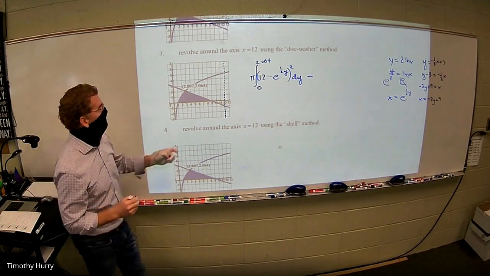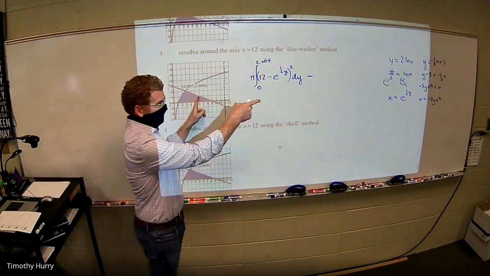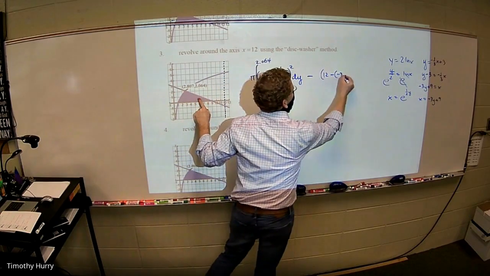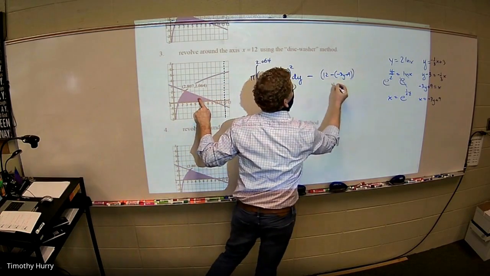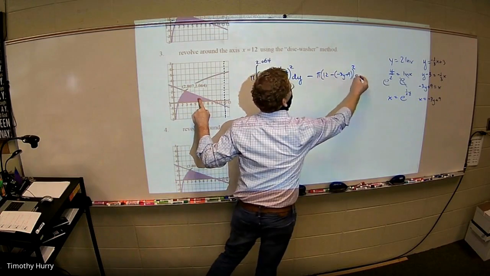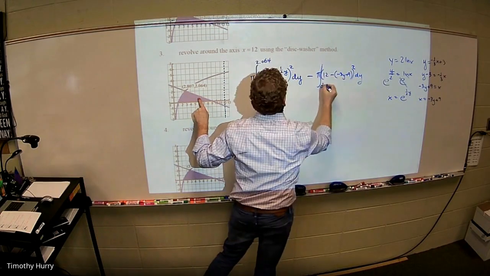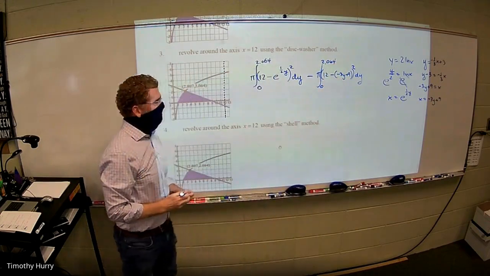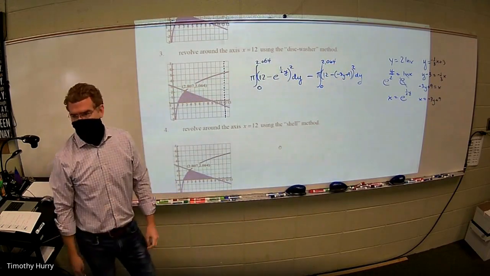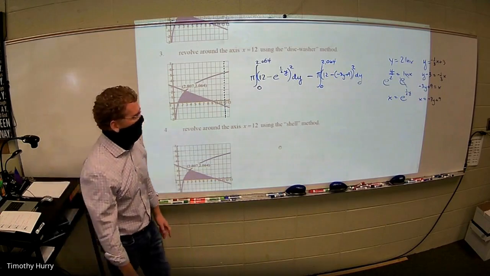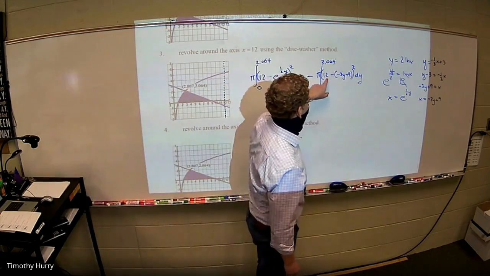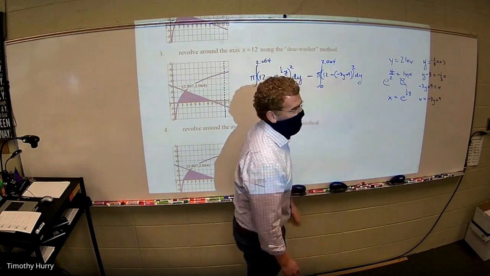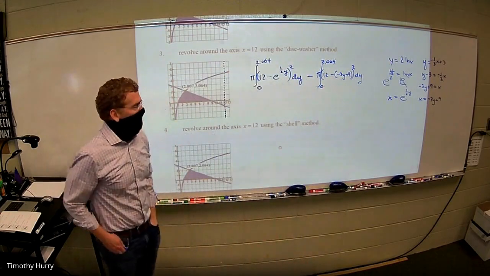So 12 minus that, 12 minus the negative 3y plus 9. Pi that squared dy, that same interval. And again, you can simplify this. If it was an AP multiple choice question, you would see 12, actually, you'd see 3y plus 3 squared.